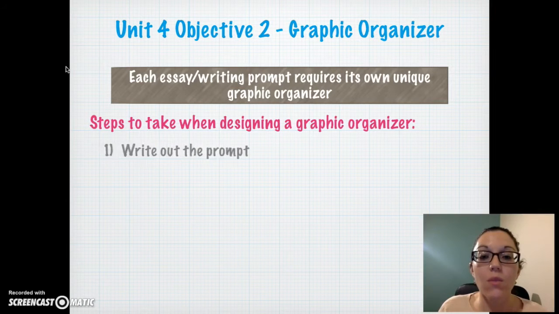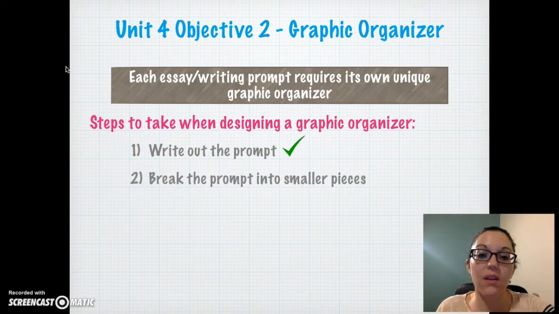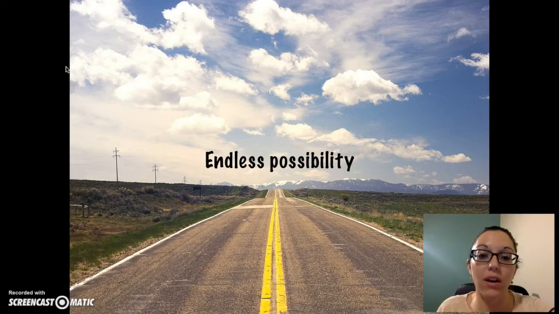Number 1, write out the prompt. Number 2, break the prompt into smaller pieces. Number 3, create the graphic organizer. Once you have been successful in creating a graphic organizer and have seen the student's ability to write a well-developed essay or extended response improve, the possibilities of writing are endless.